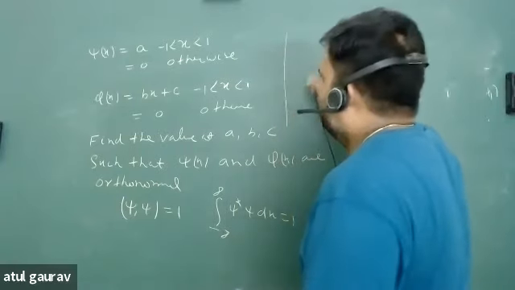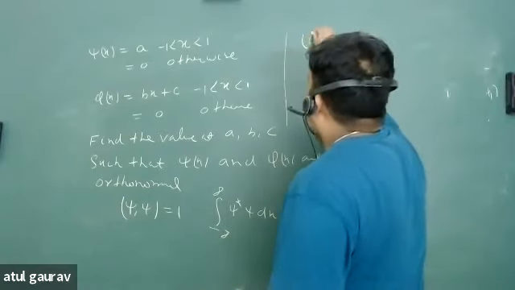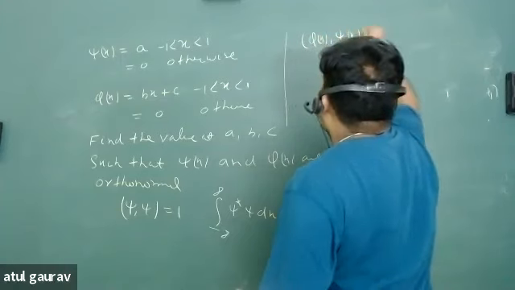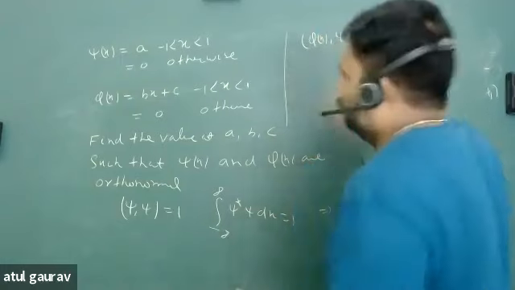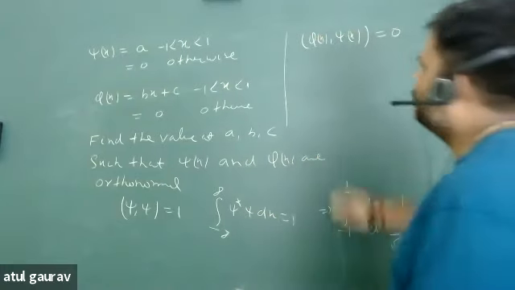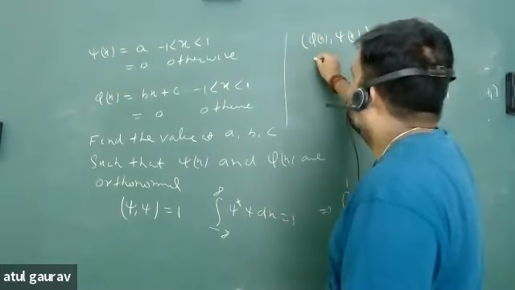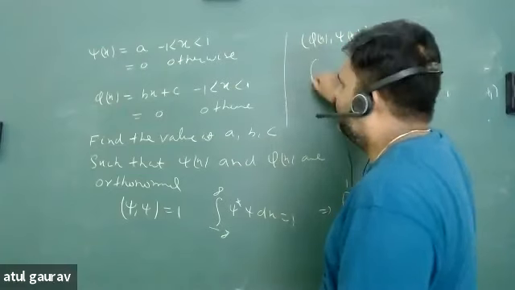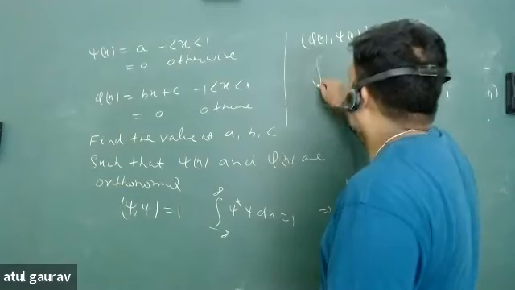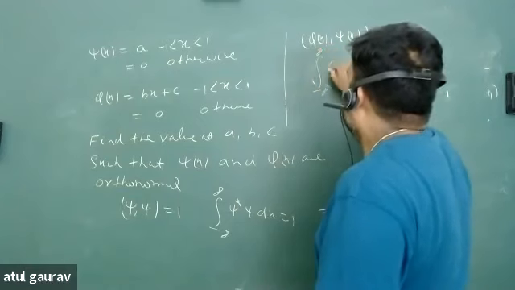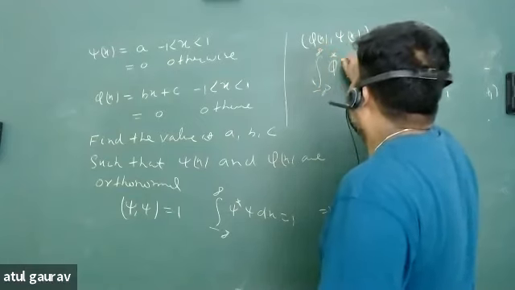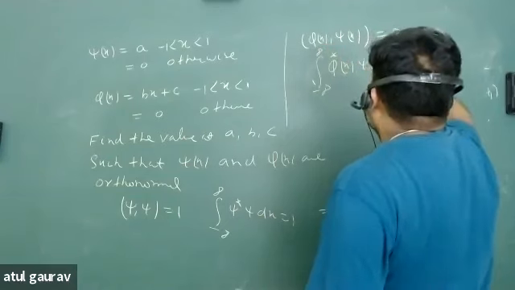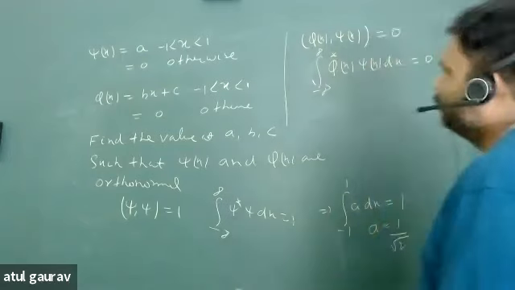Second equation, we can go for the inner product of phi x and psi x is equal to 0. This is the orthogonality equation. So a, b, c are real. So you can go from minus infinity to plus infinity, phi star x psi x dx is equal to 0.